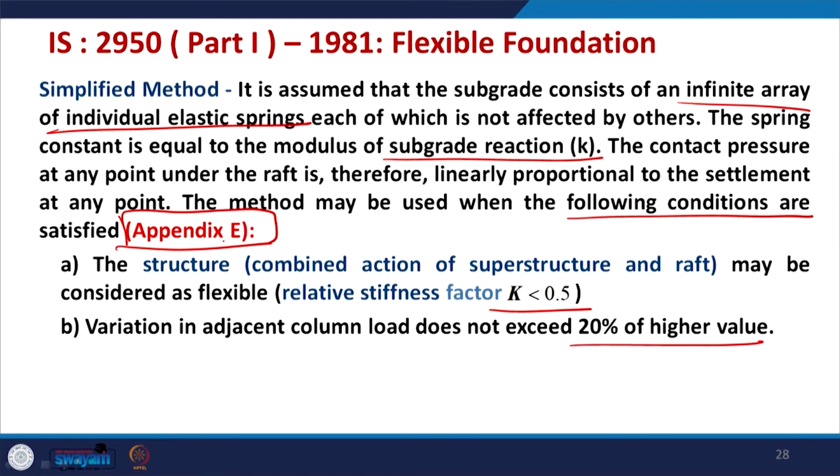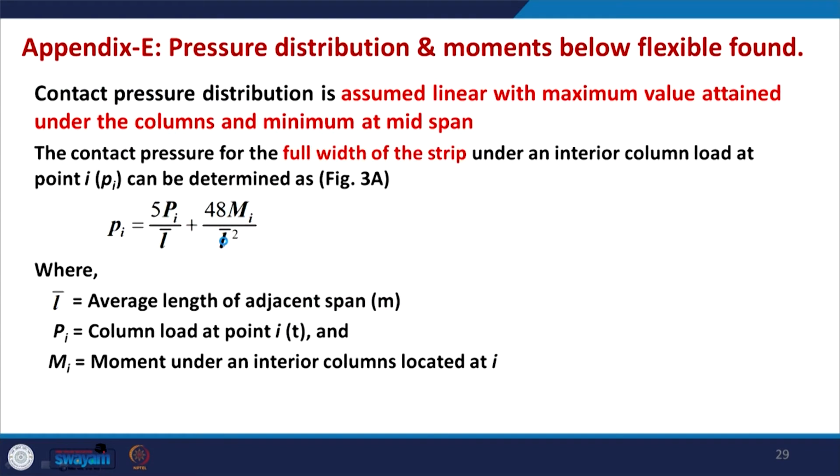Let us see what Appendix E is. Appendix E gives the pressure distribution and moments below a flexible foundation. Appendix D was giving the pressure distribution for the rigid foundation. So, D is for rigid foundation while E is for flexible foundation.